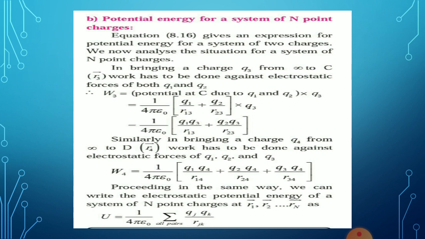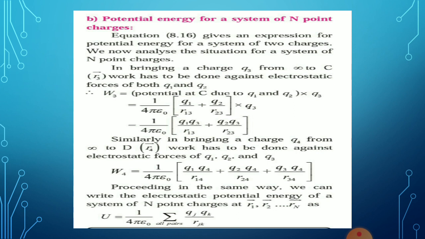So this work done is W4 equal to 1 upon 4 pi epsilon 0 into bracket Q1 into Q4 upon R14 plus Q2 into Q4 upon R24 plus Q3 into Q4 upon R34.